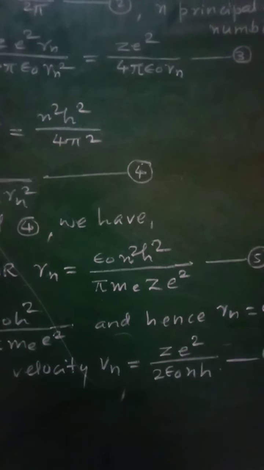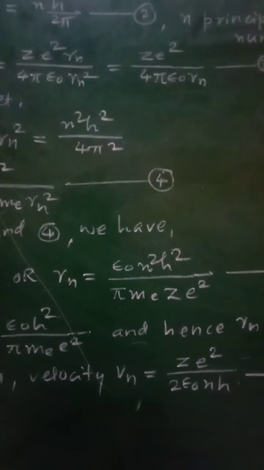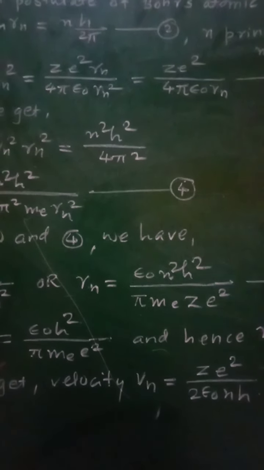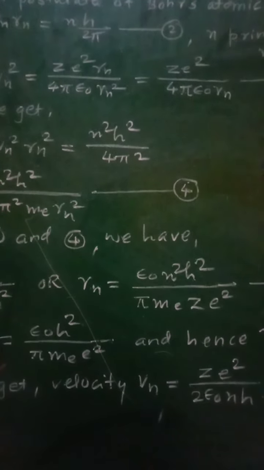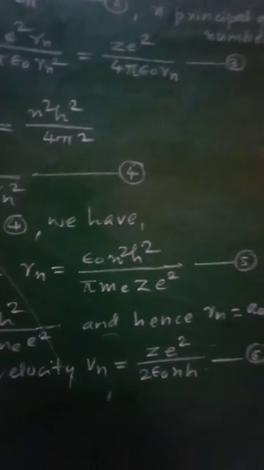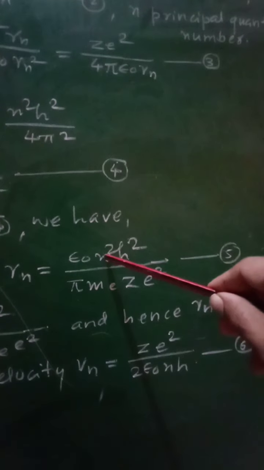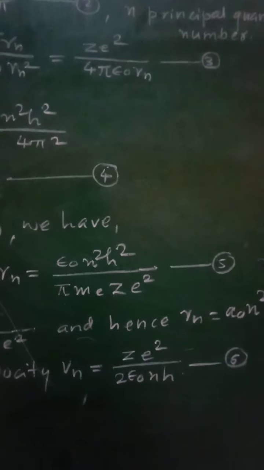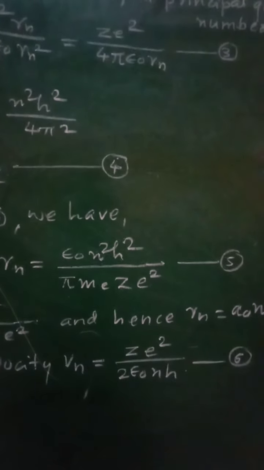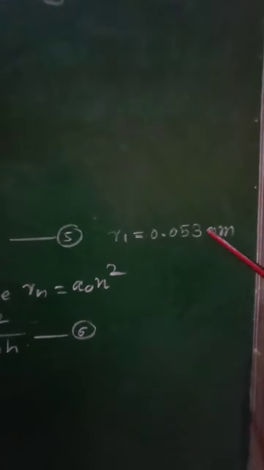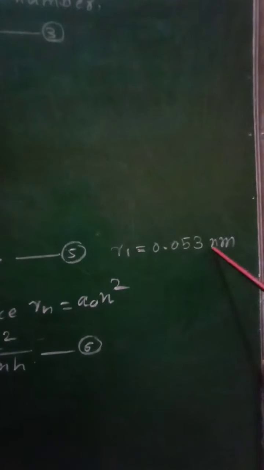Radius of the nth orbit will be given by this. In case of the hydrogen atom, as there is only one electron, we take Z equal to 1, and for n equal to 1, putting the values of all the remaining factors, if we find the radius of the first orbit, that is r1, it comes out to be r1 equal to 0.053 nanometer.